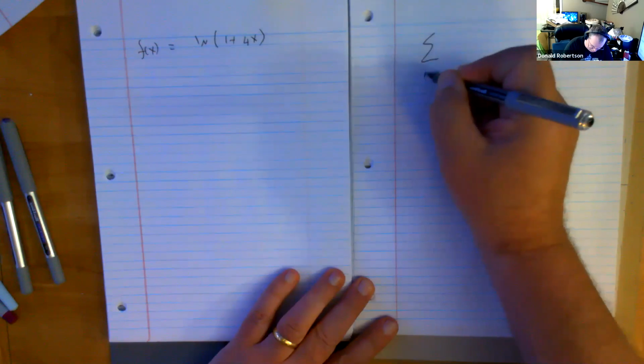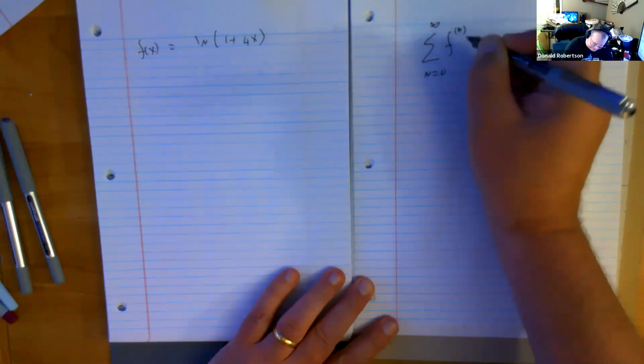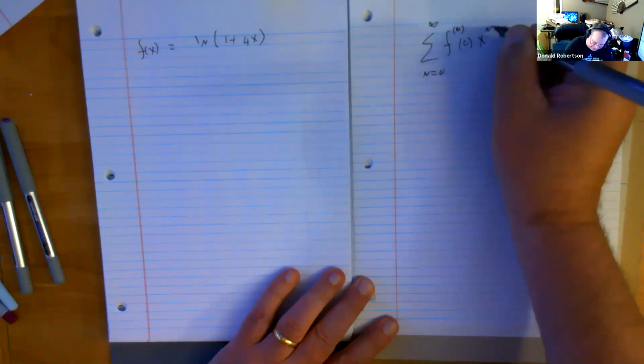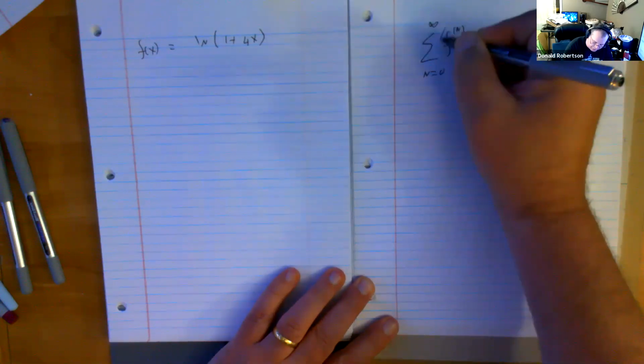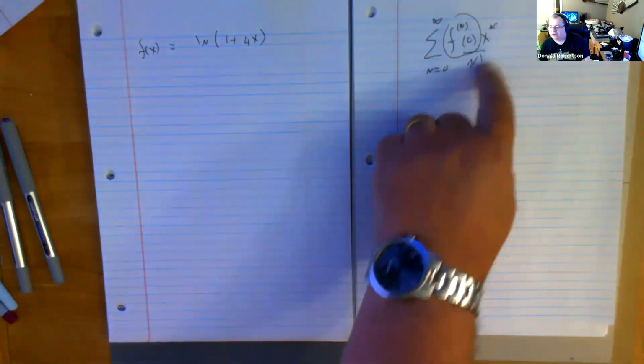Now, to get Maclaurin's, all you need is to find out who that guy is, because these two are going to be what they are. These aren't going to change.